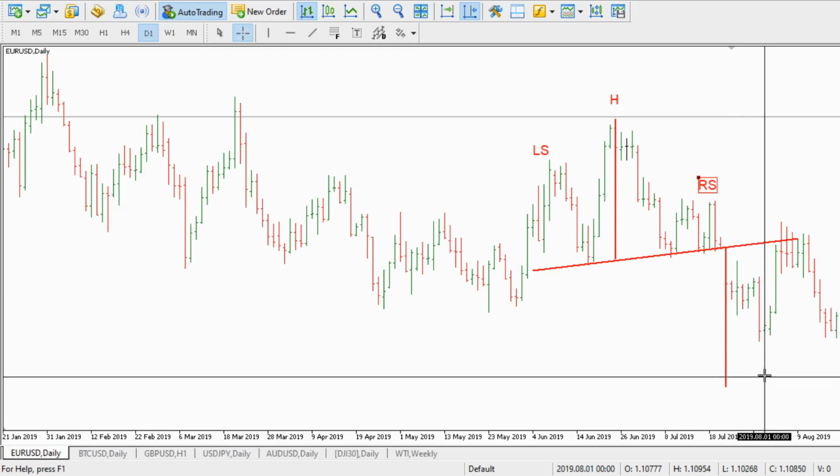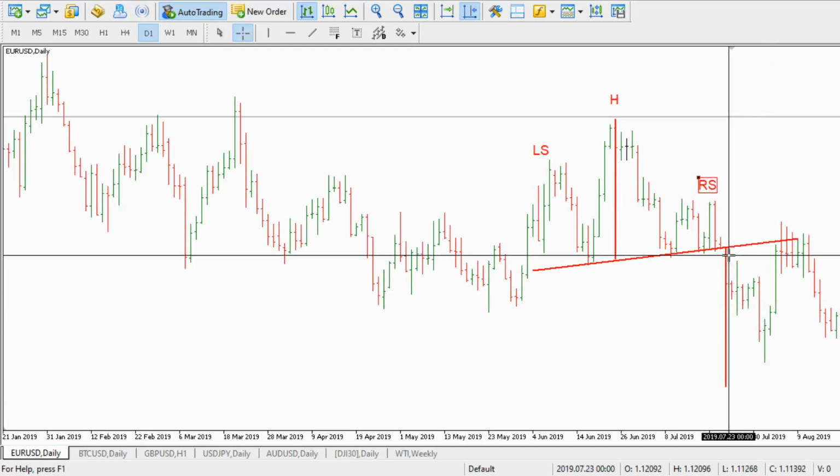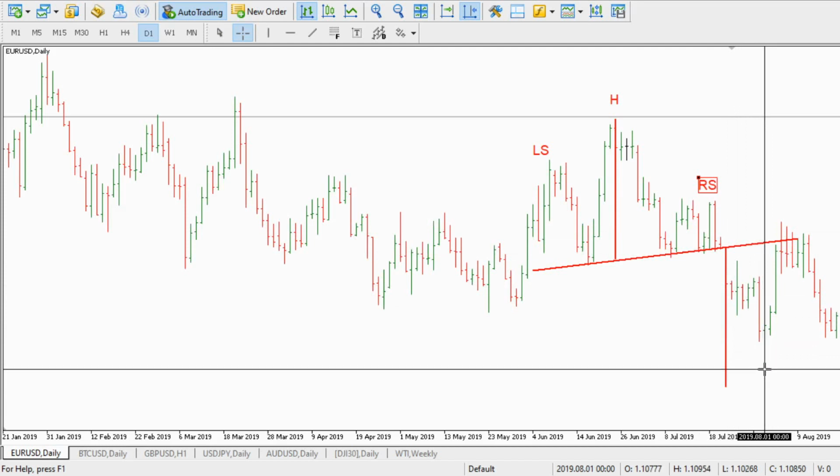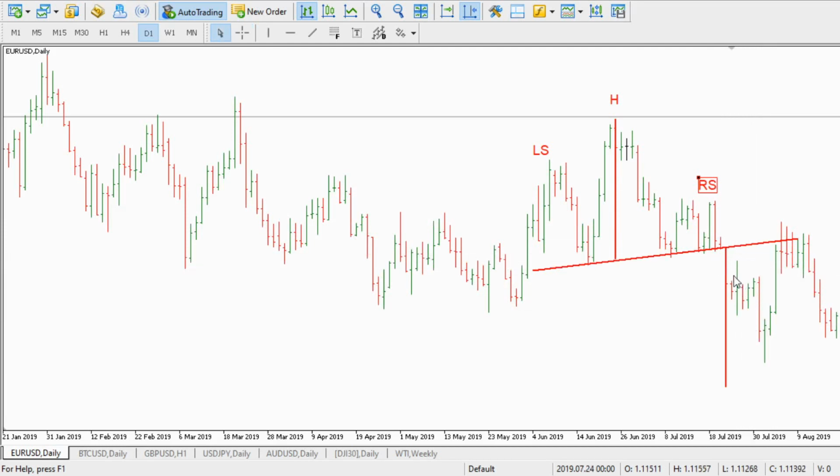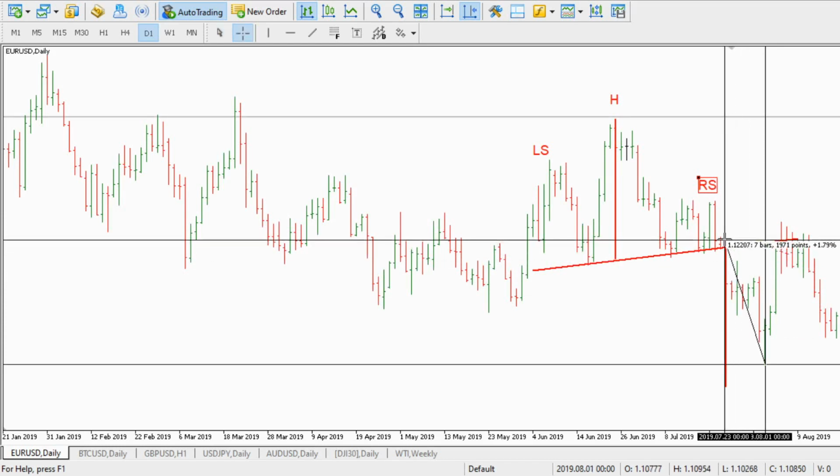We can say that about 80% of this target zone has been reached in a matter of 7 bars, which means in 7 days.